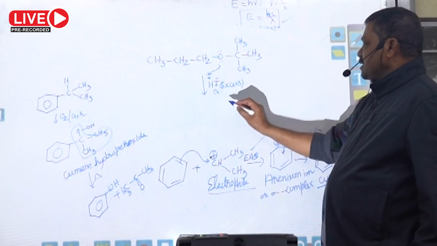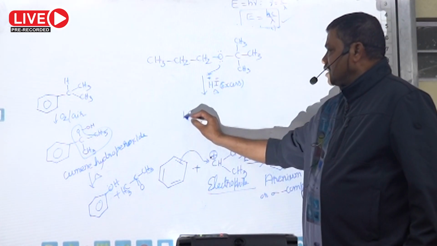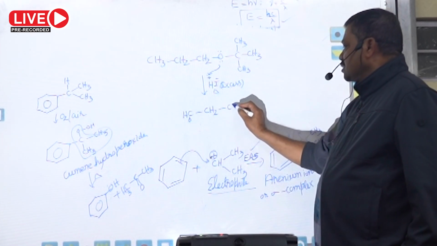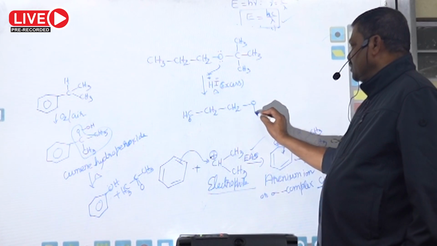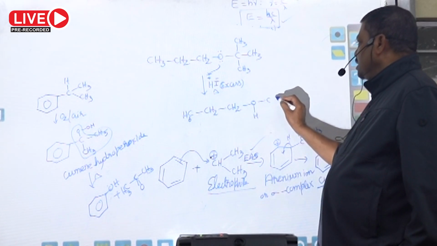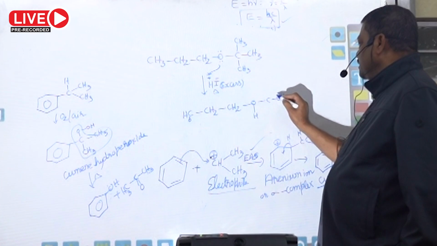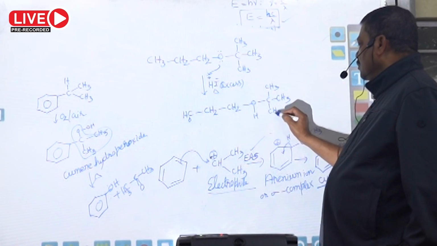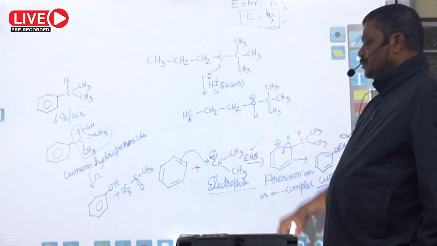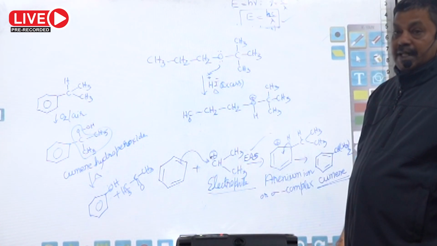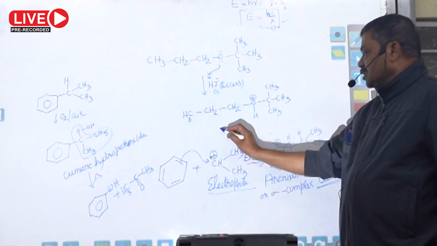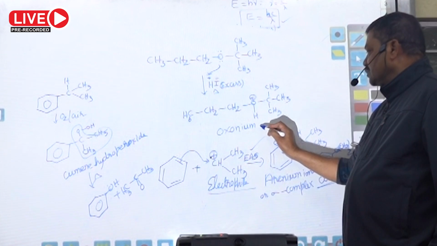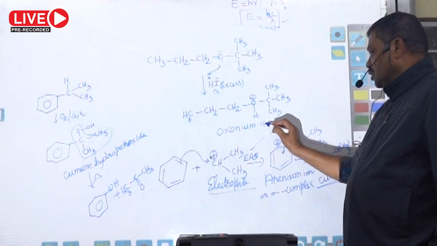So what you will get is CH3 CH2 CH2 O(H) C(CH3)3, and O becomes positive because it donated an electron pair. This is called oxonium salt or oxonium ion.